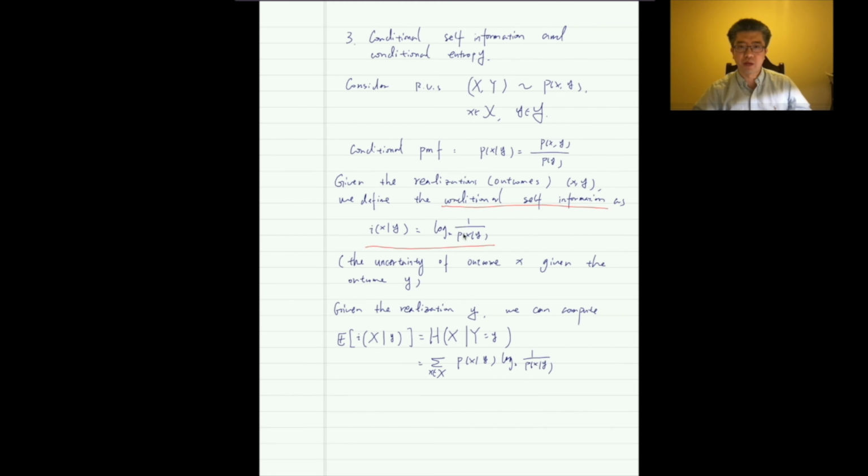We just copy and paste the definition of conditional self-information here, and this is basically the formula to compute this guy.